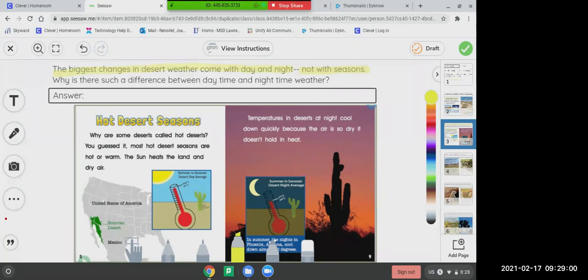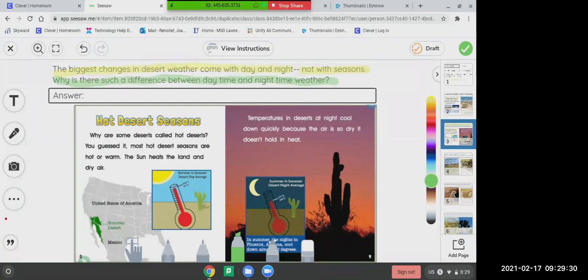The desert does not. Their changes happen between daytime and nighttime. Here's our question. Why is there such a difference between daytime and nighttime weather?